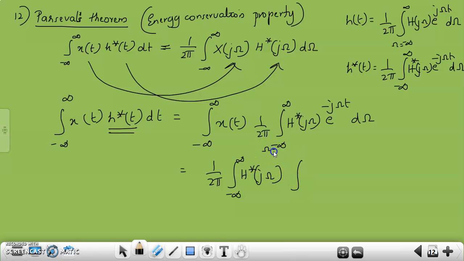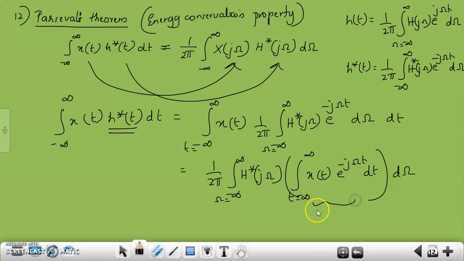This is over omega and this is over t. I am changing the order of integration, so outside will be omega, inside will be t. So integral over t from minus infinity to infinity x of t e raised to minus j omega t dt into d omega.